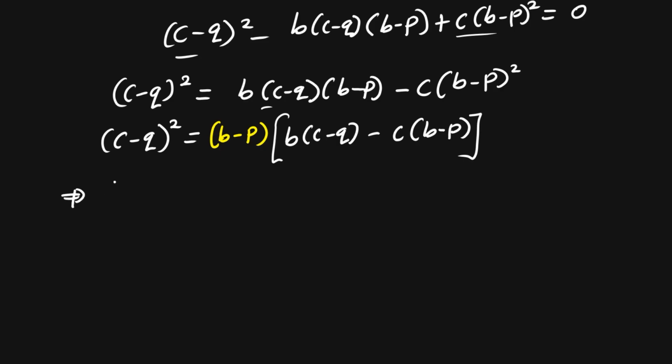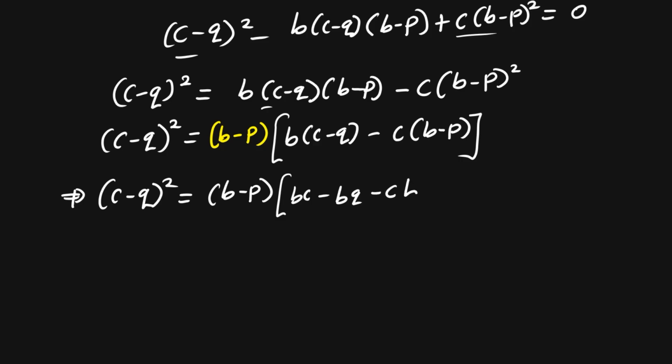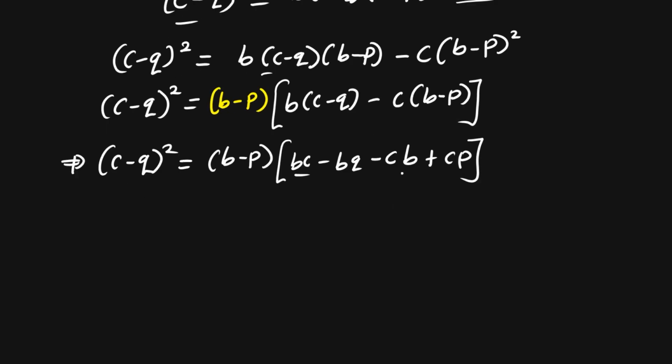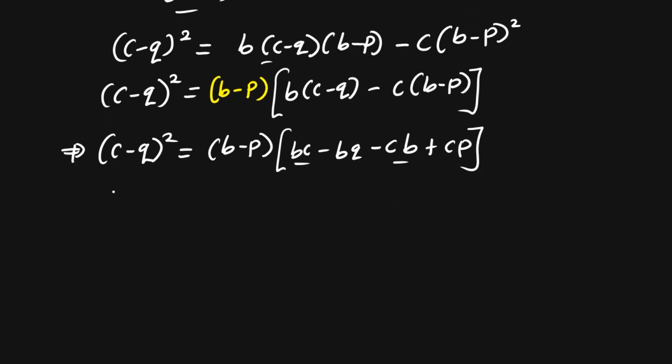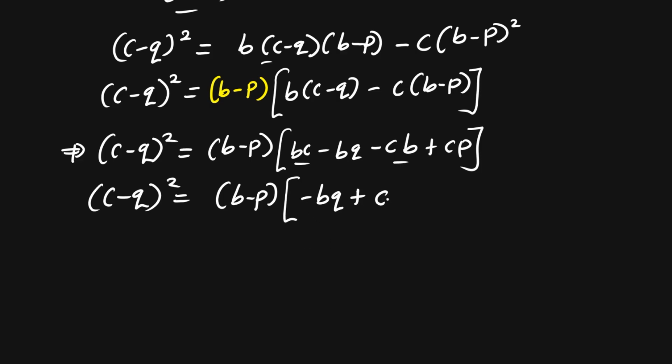This implies that we have (c minus q) squared equals (b minus p) into [bc minus bq minus cb plus cp]. bc and negative cb cancel out, so we remain with (c minus q) squared equals (b minus p) into (negative bq plus cp).